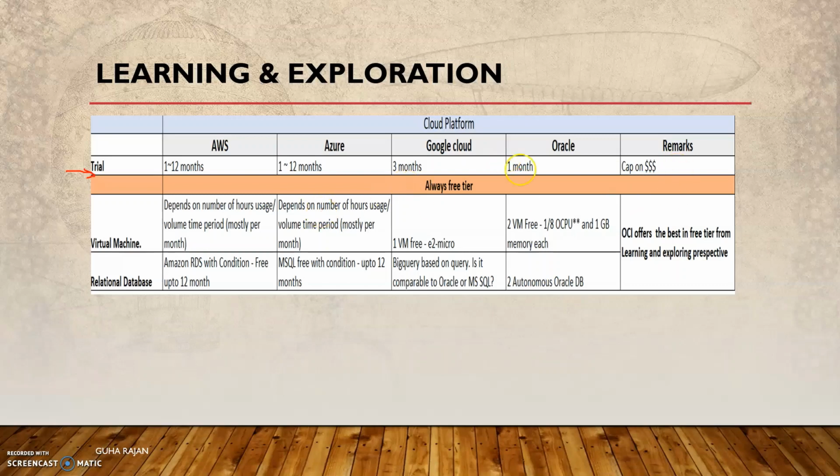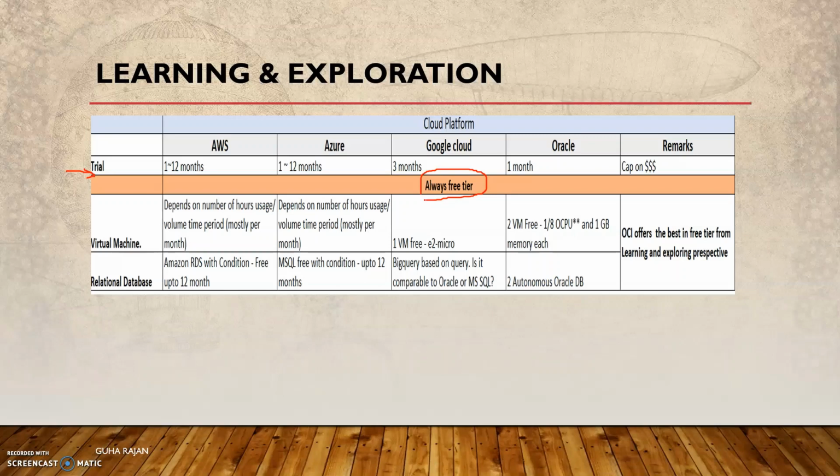The other one, of course, what is interesting is the always free tier. This one I was not aware of till 2019 when Oracle said they are going to provide a free tier, with some tangible features like the virtual machine and the relational database.